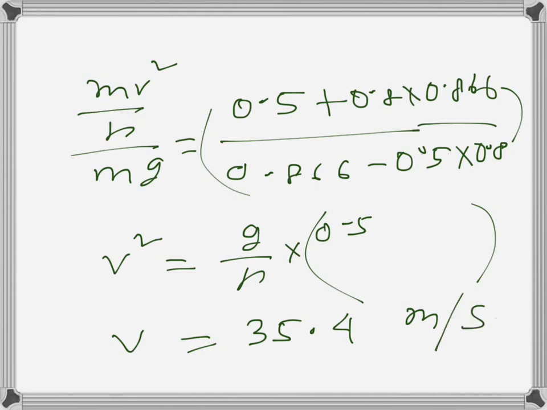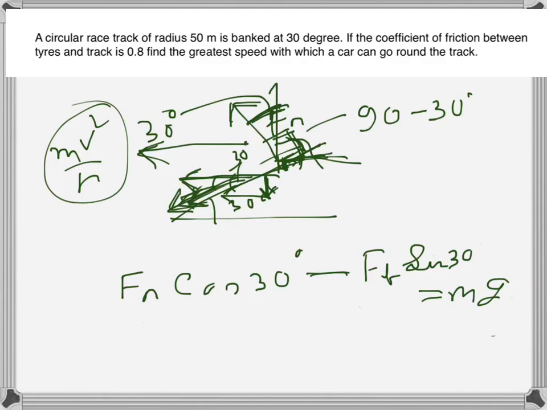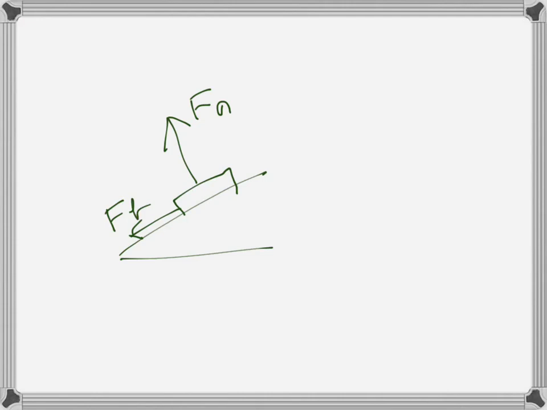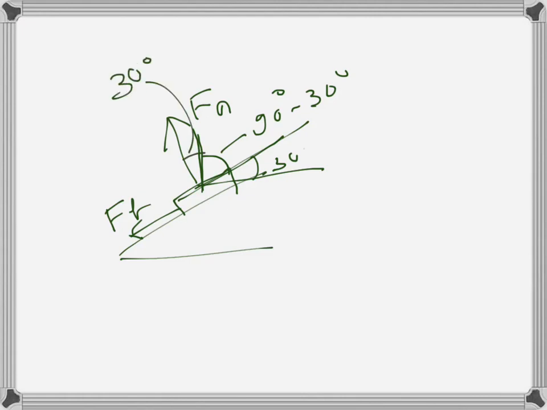So that's the result. What we did here is we took the horizontal and vertical forces. I will write this down again here: this is the vertical Fn, and this is Ff. This is 30 degrees, and if we take a vertical line, this much is 90 minus 30 degrees, so this is 30 degrees with the vertical.